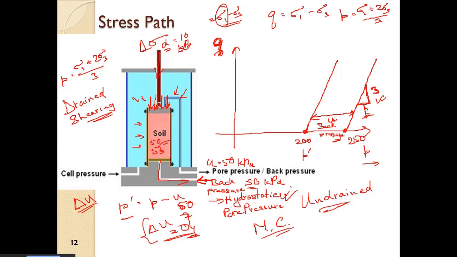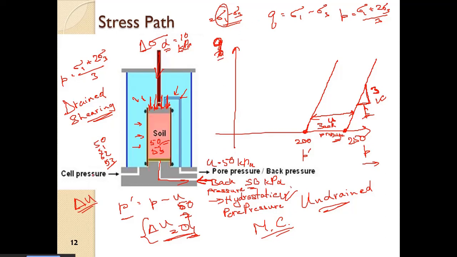As soon as pore water pressure develops, we start from 50 kPa. As we increase sigma D, the pore water pressure will go on increasing. From 50 it will go to 51, 52, 53 as we go on shearing. Similarly, sigma D will also be increasing, so Q will also be increasing.